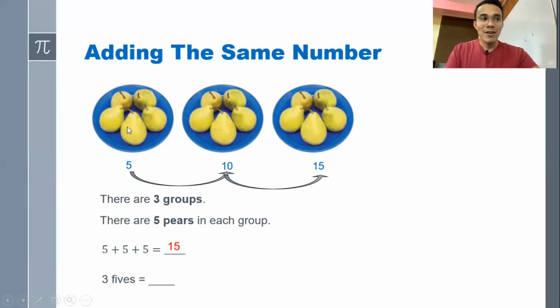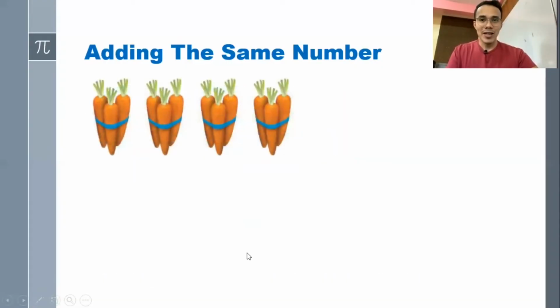There are 5 in the first plate, there are 5 in the second, there are 5 in the third plate. That's why we have here 3 5s, and 3 5s is the same as 5 plus 5 plus 5, which is 15. Therefore, there are a total of 15 pairs all together. Did you get that? Let's have another example.